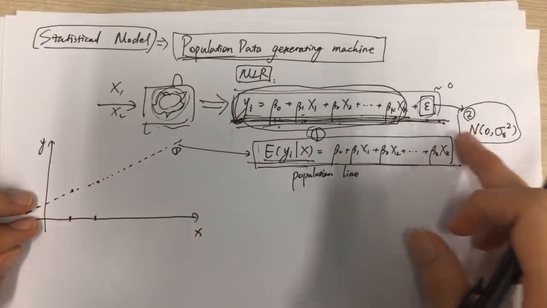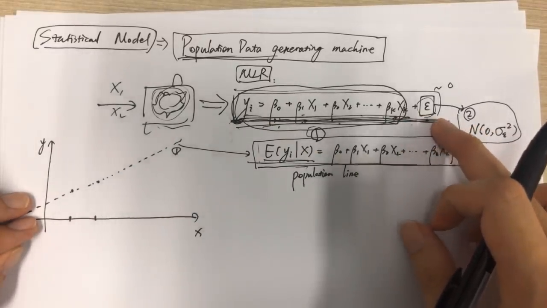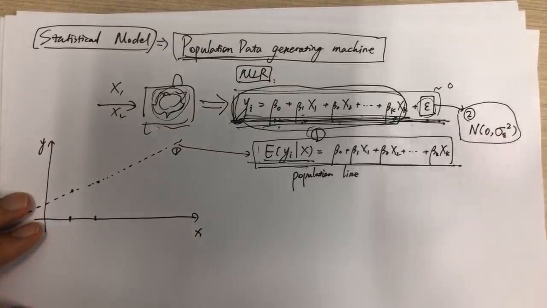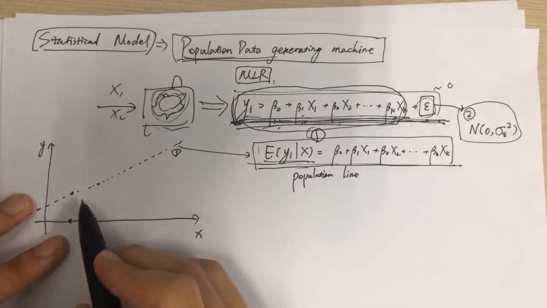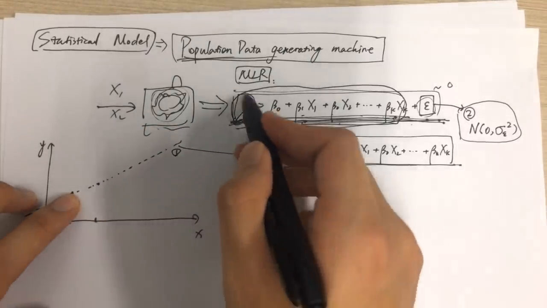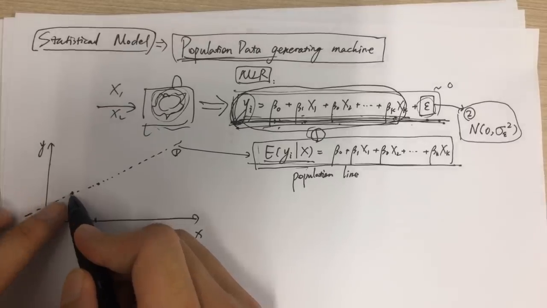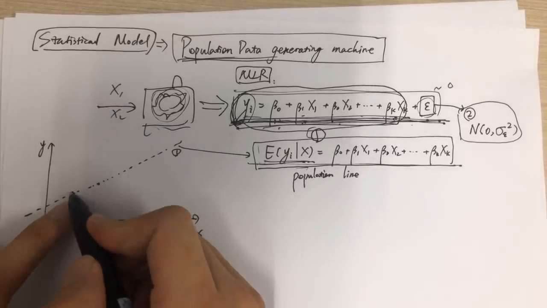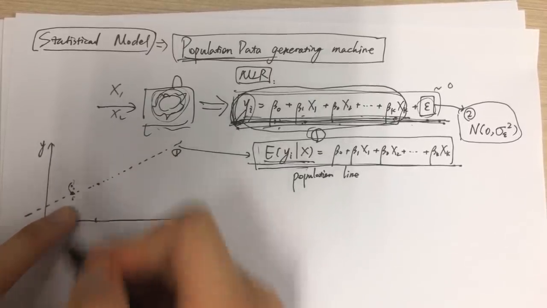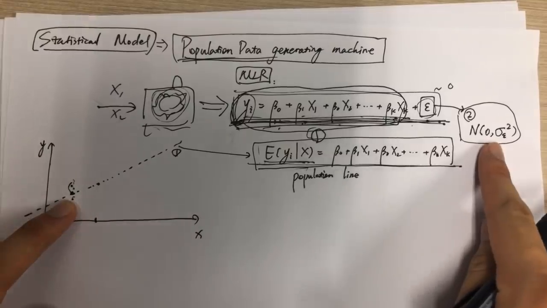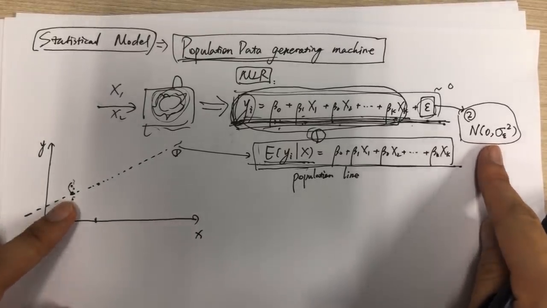And the second step, we have this random error. Therefore, they are normally distributed. So for any given x, the true value of your observed y is not exactly on E(Y) here. It can be above or below this. And this random error, or the random variation, actually follows a normal distribution with mean 0.